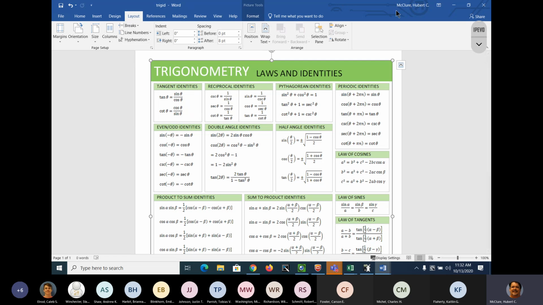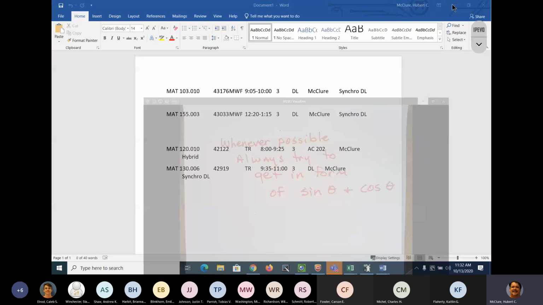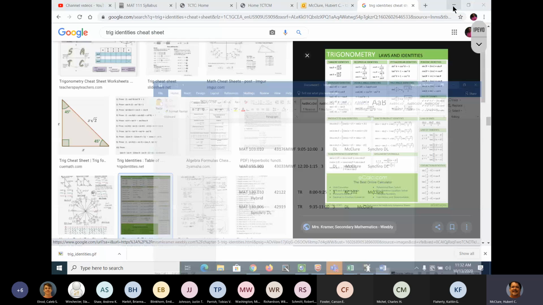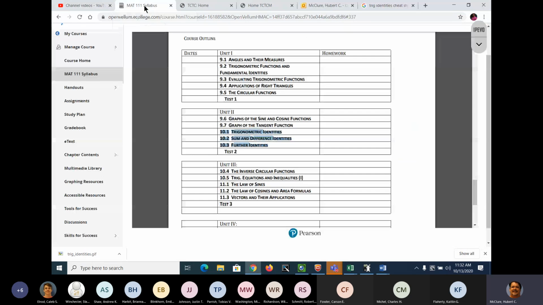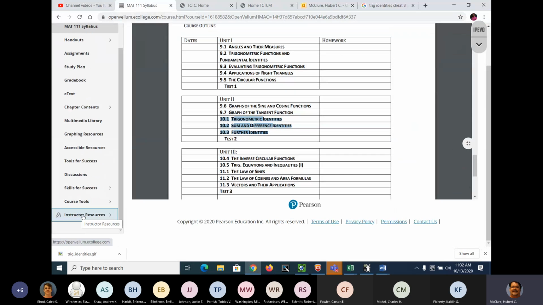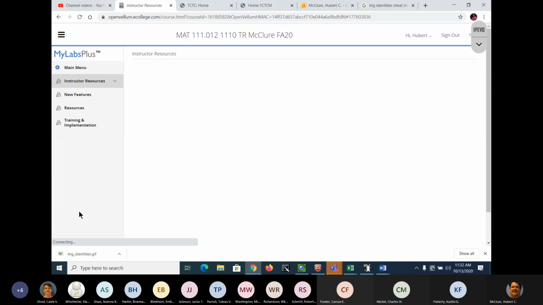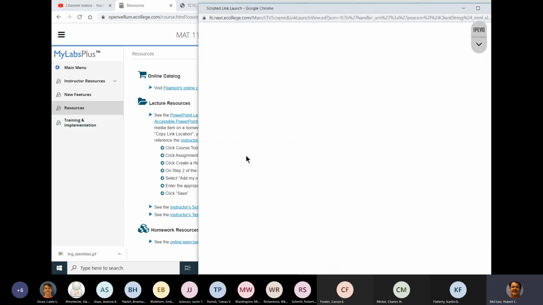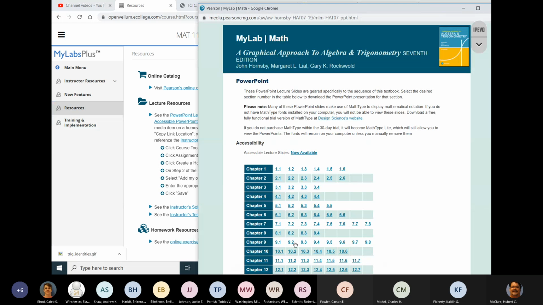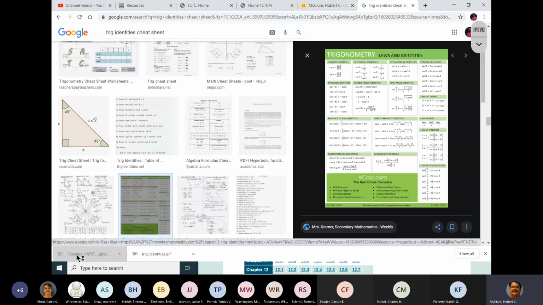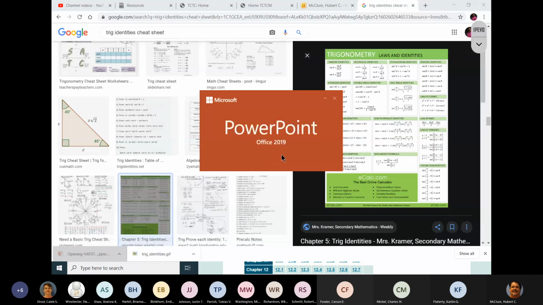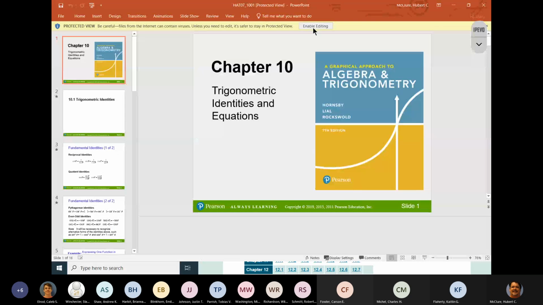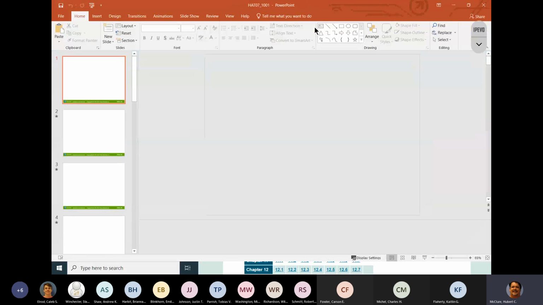So with that being said, let's look at the first section of 10.1, and I'm going to go to it, and we're going to look at 10.1. And you should be able to see the PowerPoint.